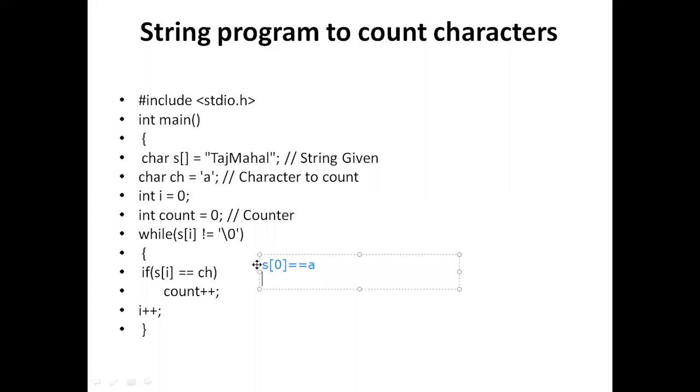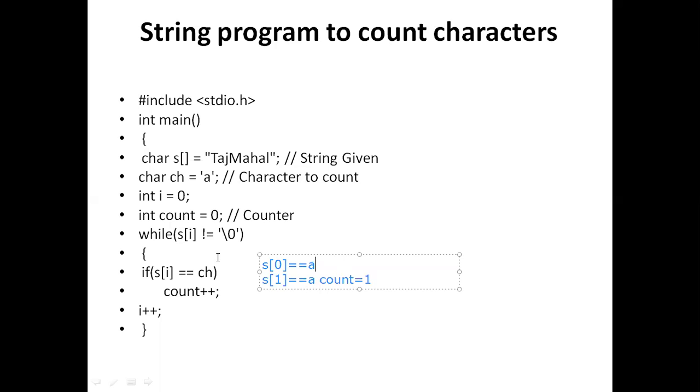Now in the second iteration, s of 1 is equal to a. Yes, see, s of 0 is t, s of 1 is a. So both are equal. So what I will do, count plus plus. So at this step, count will become 1.